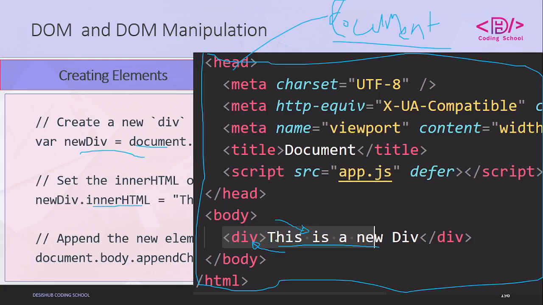This innerHTML is actually accessing this content here. Remember, at this point, this is an empty div and it has no content. So to populate it or to add something, we say newDiv.innerHTML is equal to 'this is a new div'. So we give it this content.